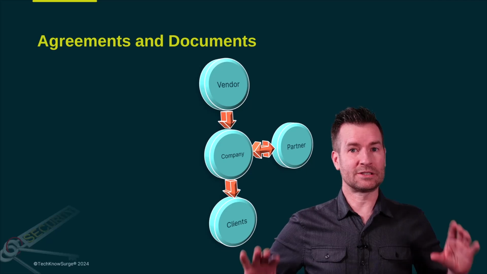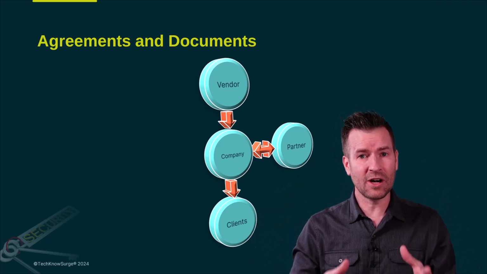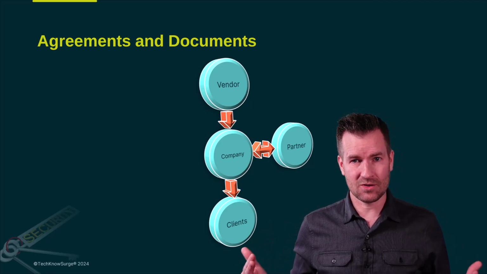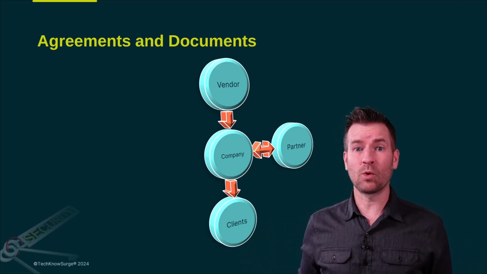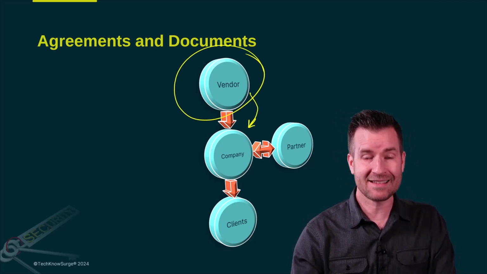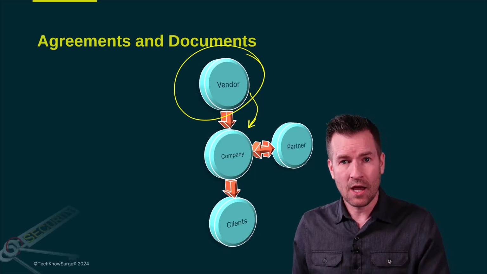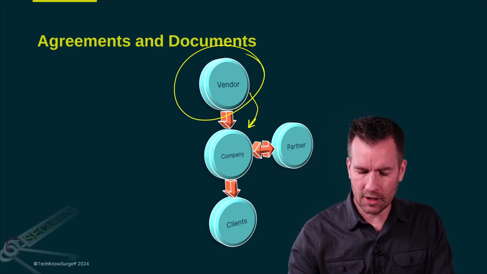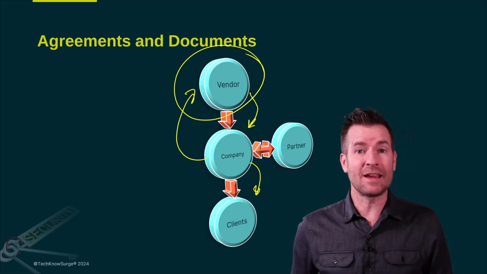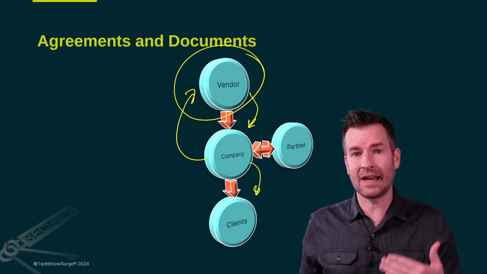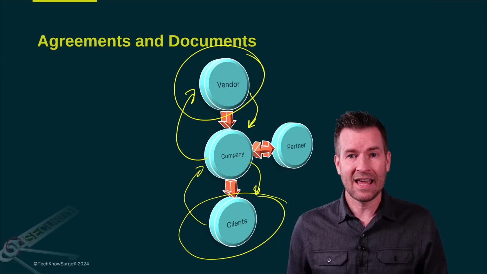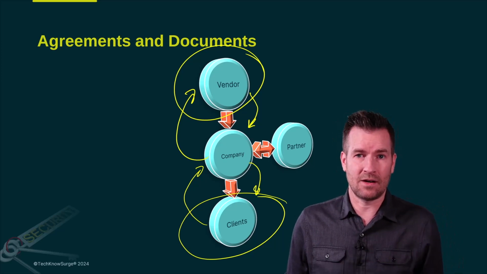Even though this module is going to primarily focus on vendor and supply chain management, we're actually going to look at all of the business relationships. A vendor is somebody that we're purchasing products and services from. So they're delivering products and services to us so that way we can utilize them and deliver them to our clients. But just like we're going to analyze our vendors and make sure that they're secure in what they're supplying us, we also are going to have clients that are monitoring us and what we are doing from a security standpoint.